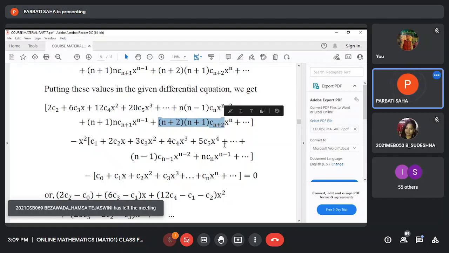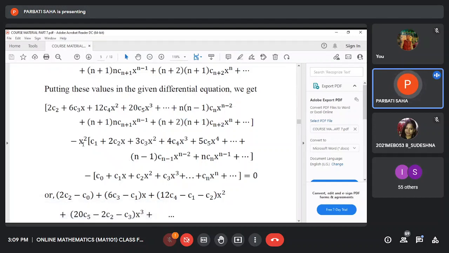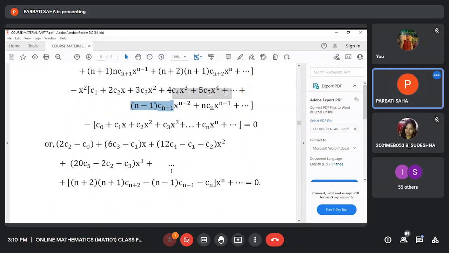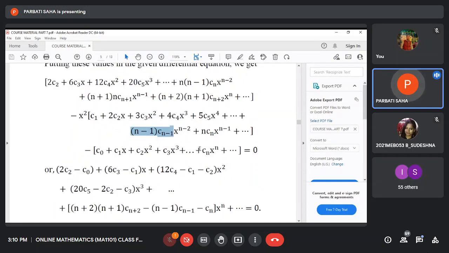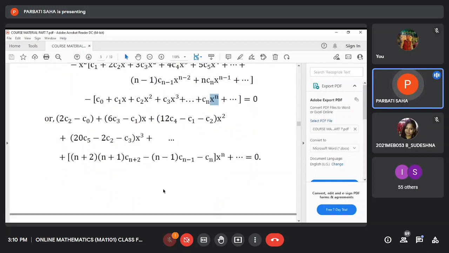In the second term, x square should be multiplied by x to the power n minus 2 to obtain x to the power n, so it is minus n minus 1 c n minus 1. And the term containing x to the power n here is minus cn. So collect all the terms containing x to the power n.